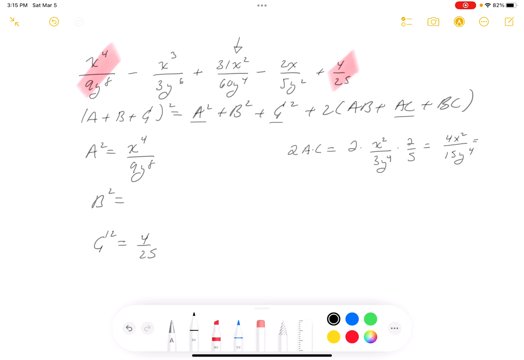So I have to rewrite this. And what would it be? It would be 60, right? So what times 15 is 60? It's 4, right? So this would be 16x squared, 4 times 4, and this would be 60y^4.